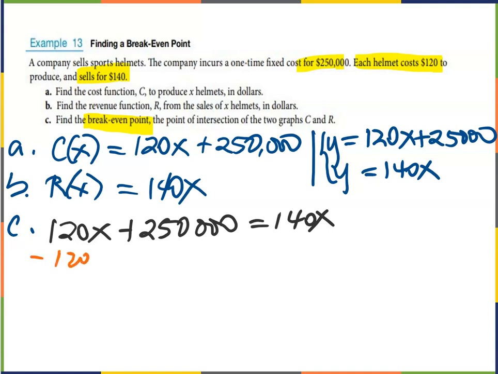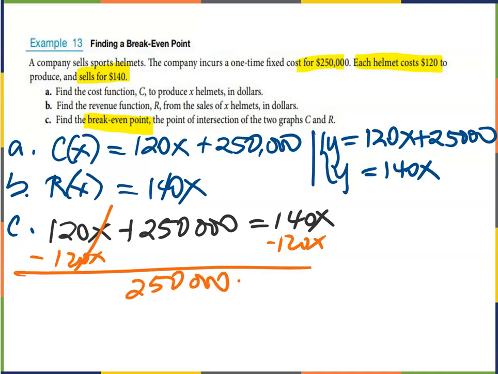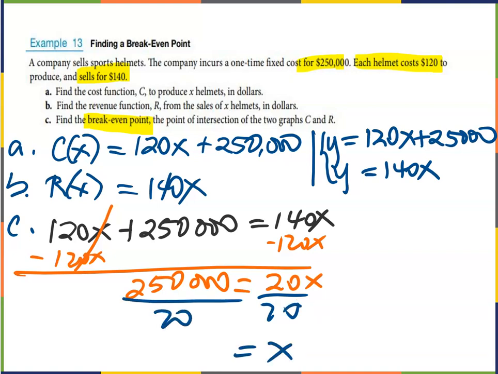We subtract 120x. So 250,000 equals 140x minus 120x, which is 20x. Then divide by 20. So your x, 250,000 divided by 20, is 12,500.